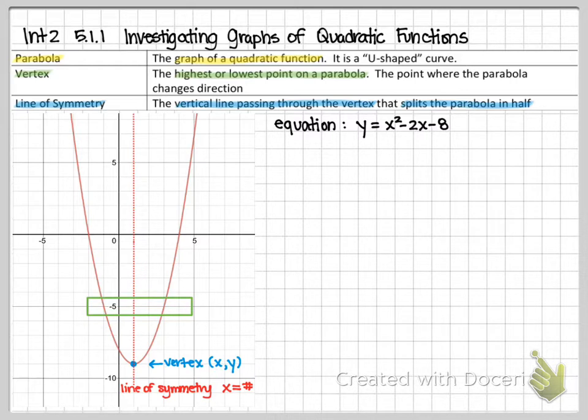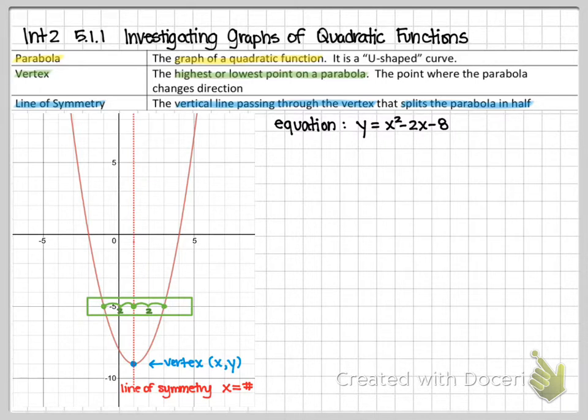If you start at the line of symmetry and you count to the left to find a point on the parabola, then you have to count the exact same distance from the line of symmetry on the other side, and it will have a partner point at that location. So this distance of 2 to the left is going to be 2 to the right as well. And if you look all the way up, you can pick any other location on the graph as well.